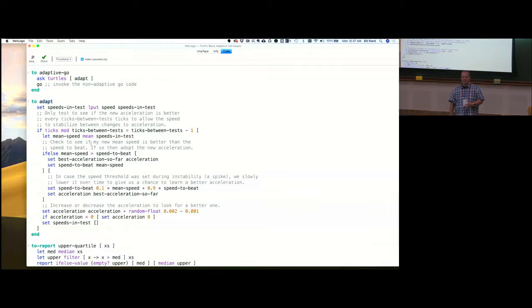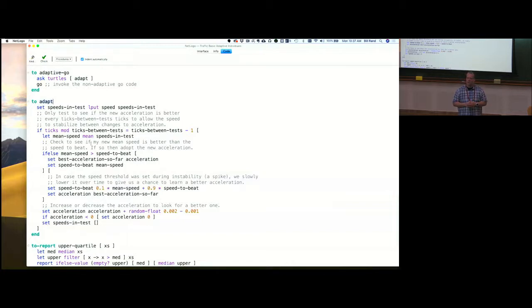If not, then that's okay. Maybe that was just a fluke. But I'll penalize what I thought was the speed I could achieve by a little bit. And regardless of all that, I'm just going to mutate my acceleration a little bit just to see if it helps at all. And then I'm going to run the same test again.